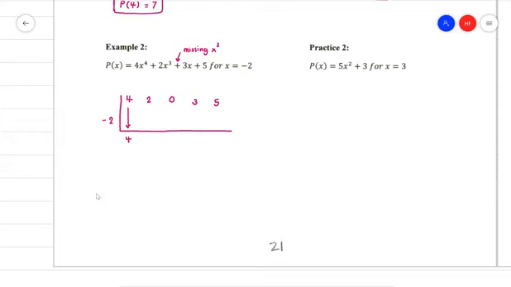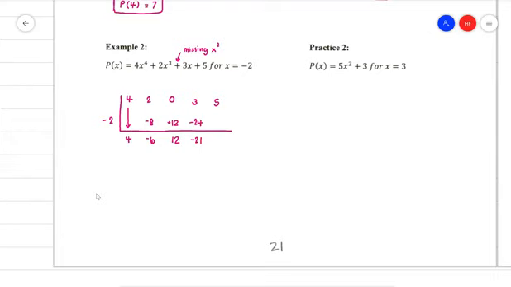Drop that 4. Negative 2 times 4 is negative 8. 2 minus 8 is negative 6. Negative 2 times negative 6 is positive 12. 0 plus 12 is 12. Negative 2 times 12 is negative 24. 3 minus 24 is negative 21.